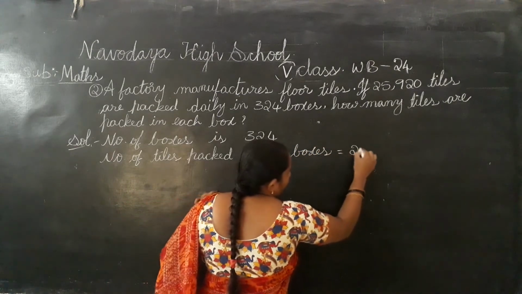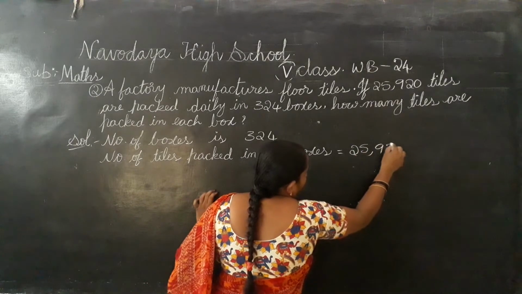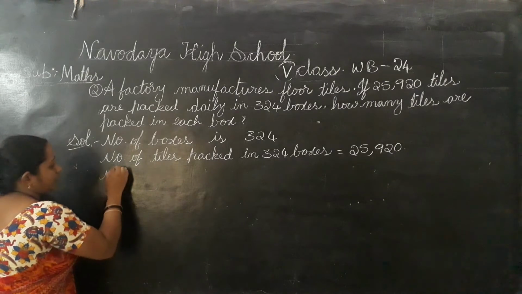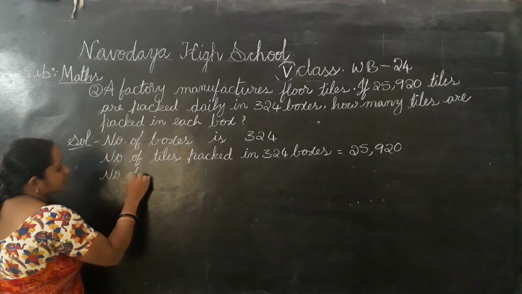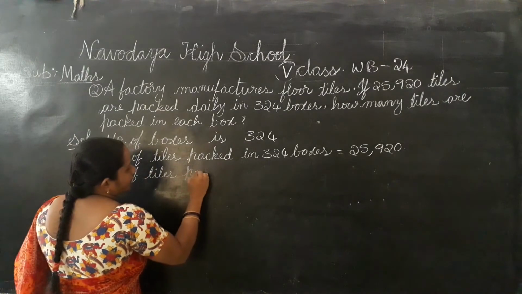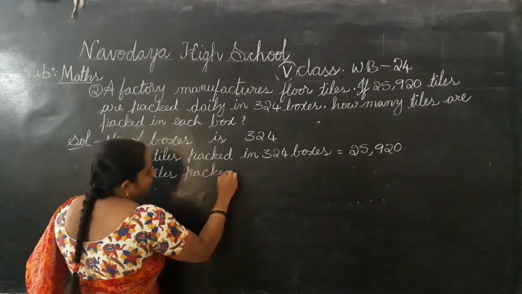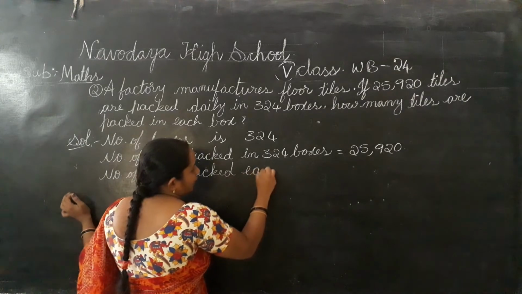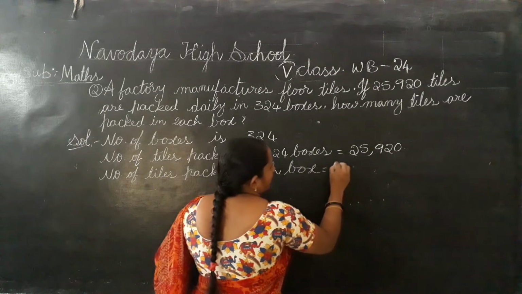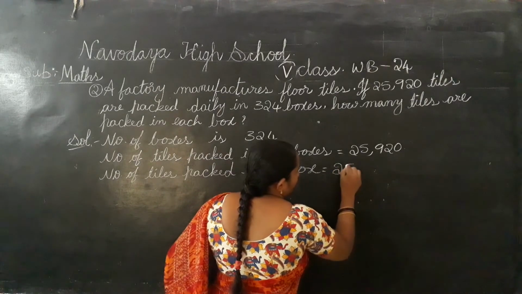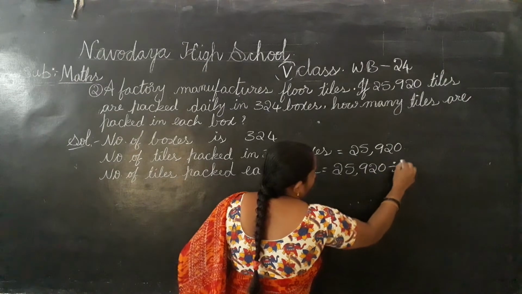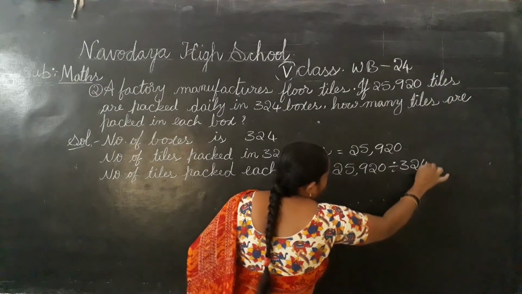How many? 25,920. And they are asking number of tiles packed in each box. Each means one box. Here you will do division. 25,920 divided by 324.